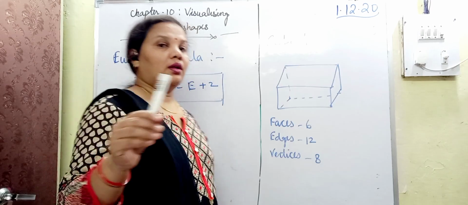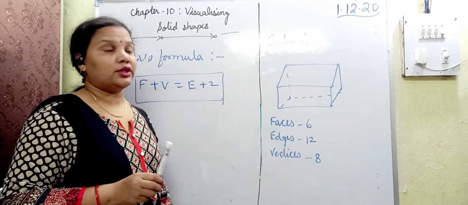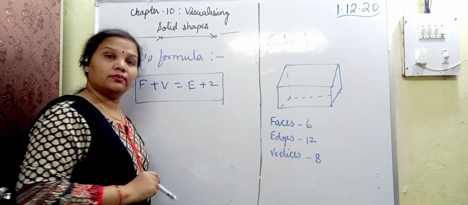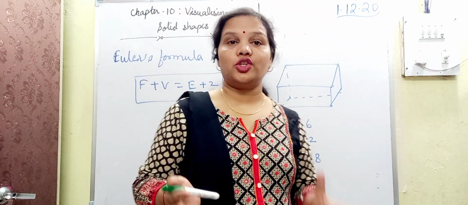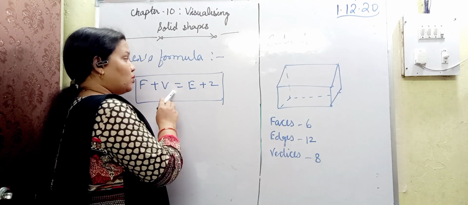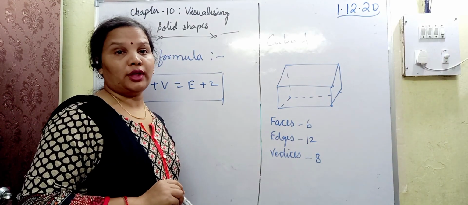Now the next topic is a very important topic, which is Euler's formula. Euler's formula maintains a relationship between the number of faces, vertices and edges of any polyhedron.